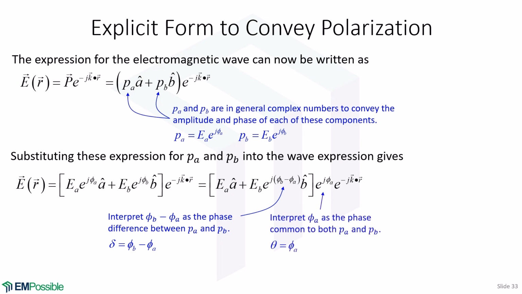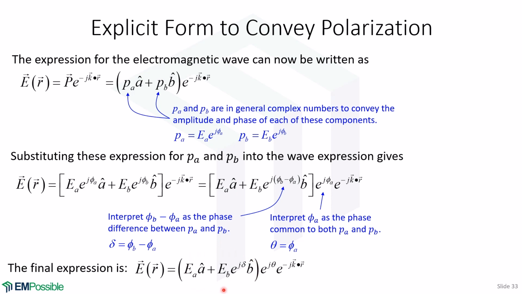The other thing we'll do is, rather than call this phi A, which we'll keep thinking, oh, that's the phase of the A direction, let's just think of this as the common phase, the phase that both of them share, and call that theta. Once we make those change of variables, now we arrive at the final expression, this explicit form of polarization. And we have the polarization vector here.